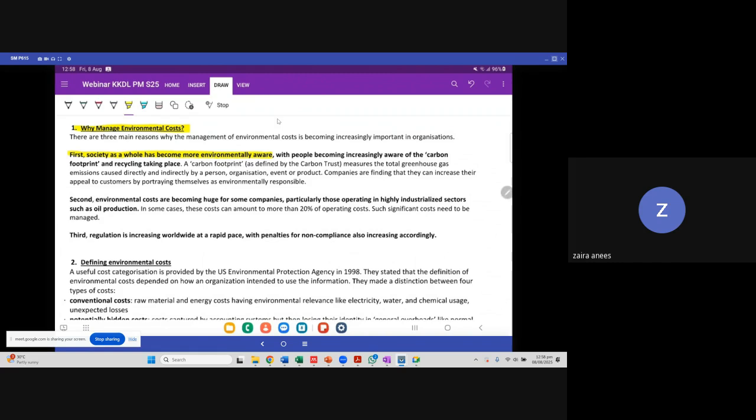The second problem is that environmental costs are becoming huge for companies. Not particularly penalties, but the general environmental costs. Like your customer may want you to produce a product by considering environmental factors in mind. There was also a quality standard, I think 14,000 or 7,000.